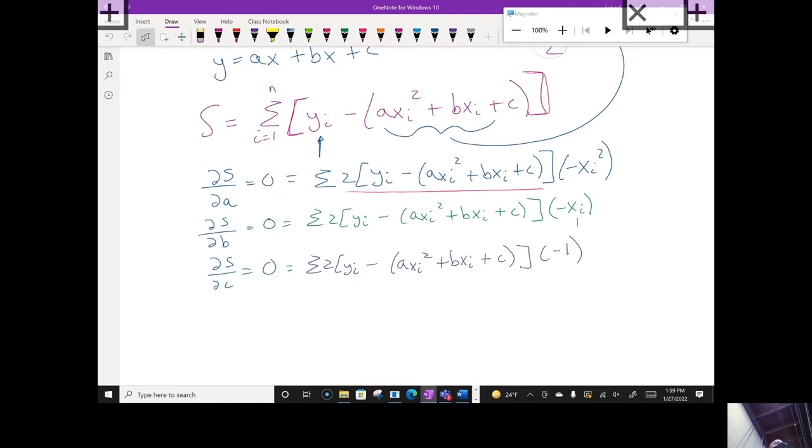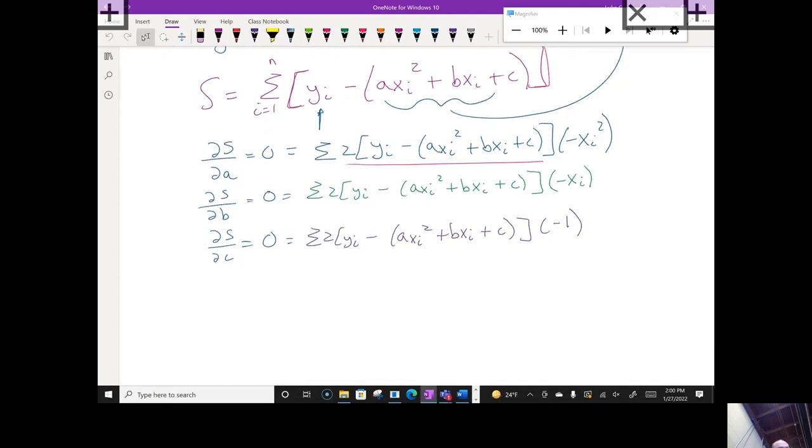Again, I do this just to help you understand some of the method, some of the math, which will then hopefully help coding. Okay. Now, there are 3 equations, 3 unknowns.